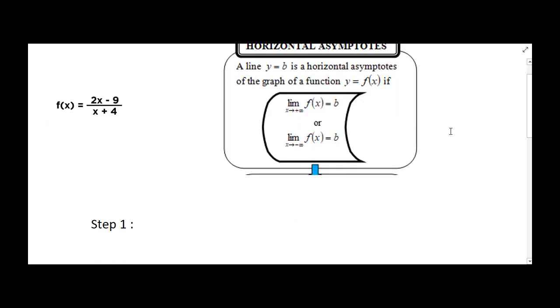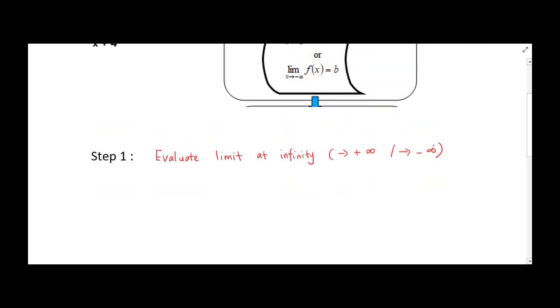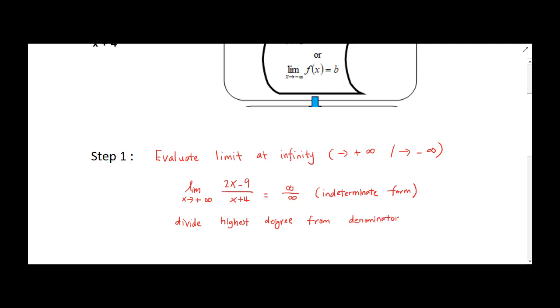So how about the horizontal asymptote? We will evaluate the limit at infinity. The domain is all real numbers except where the denominator is zero, so we have two-sided limits. First, we found that when x approaches positive infinity, we get the indeterminate form. As usual, recalling the previous lesson, we need to divide by the highest degree from the denominator.